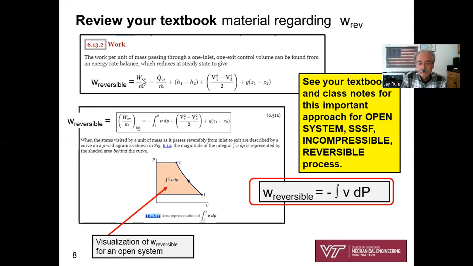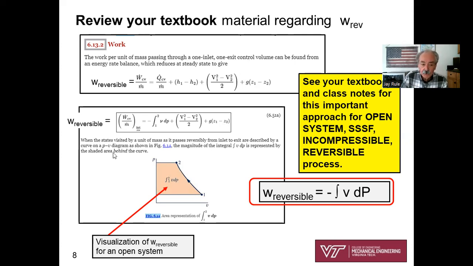This is an uncomfortable statement of the first law for me, because in my world, I always start with Q dot in minus W dot out equals M dot times H2 minus H1 plus V2 squared minus V1 squared over 2 plus Z2 minus Z1 times g. So I find this a little uncomfortable, but it is certainly a valid statement of the first law.